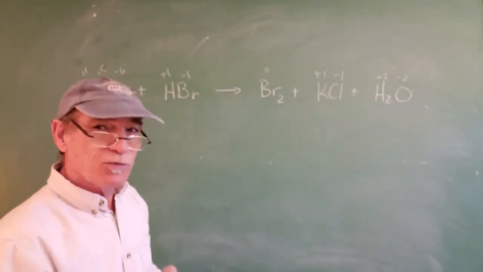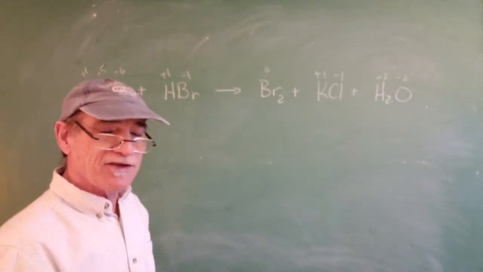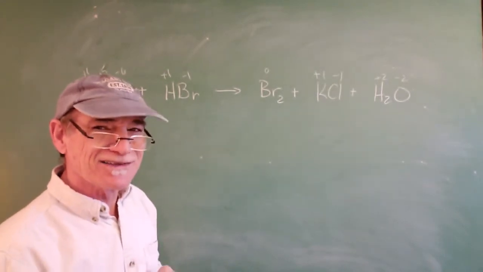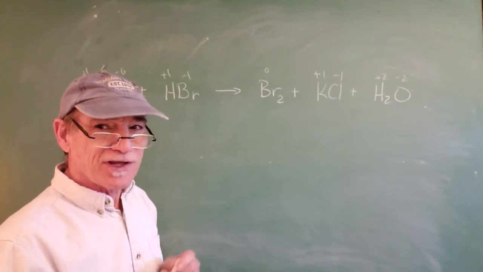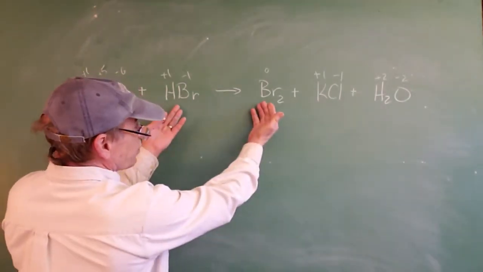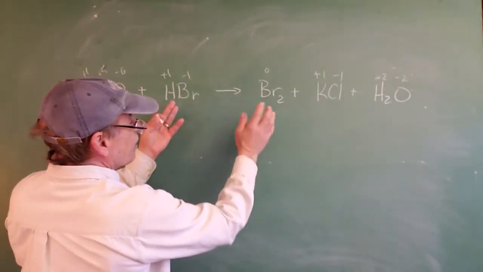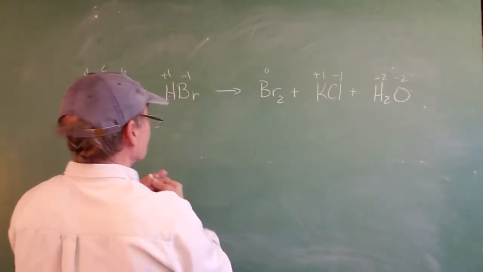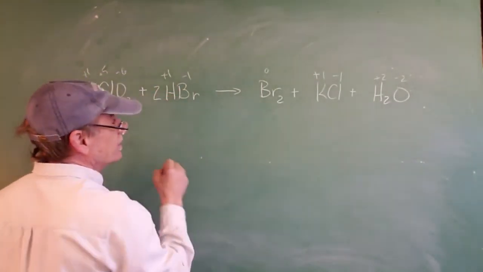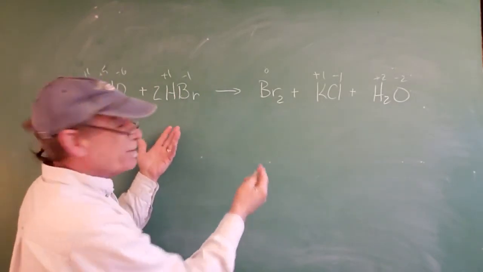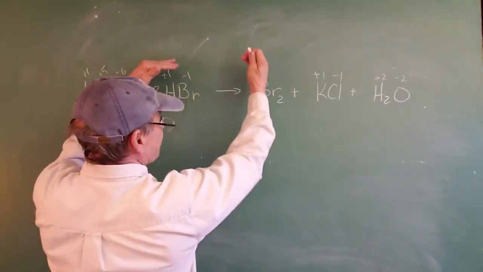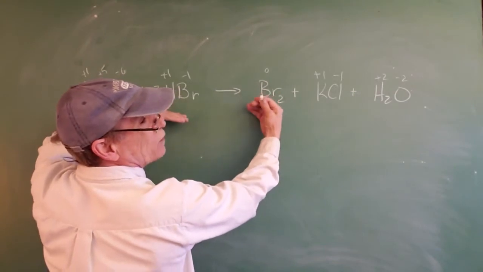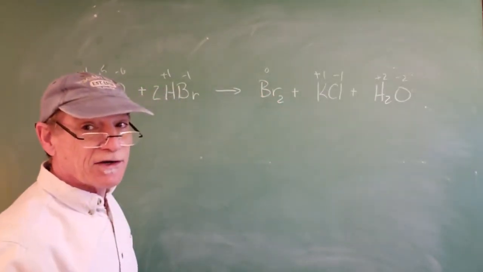Now remember I said once you've identified who got oxidized and reduced, let's pre-balance this a little bit. We know there's going to be an equal number of bromines on both sides. So I'm going to at least start off by making sure that there's an equal number of them on both sides. I'm going to double this. Now granted, later we may have to bump both of those up by a factor, but at least we're starting with an equal amount on both sides of the arrow.